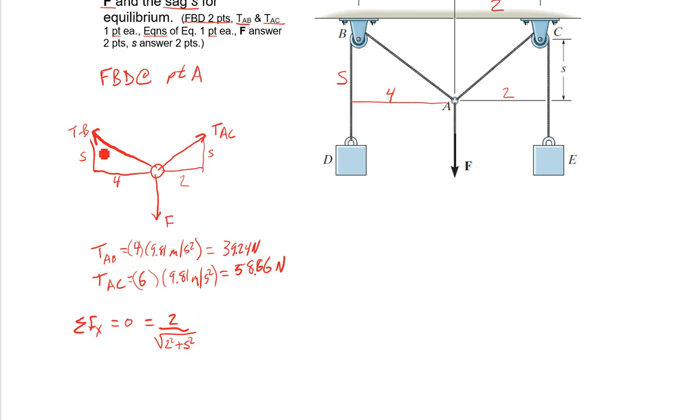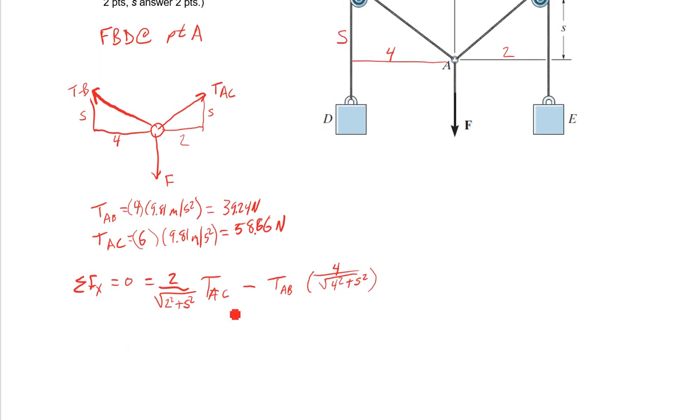And then acting in the negative X direction, we have minus tension AB times 4 over the square root of 4 squared plus S squared. So there's that equilibrium equation. So I could solve for TAC in terms of TAB or vice versa at this point.